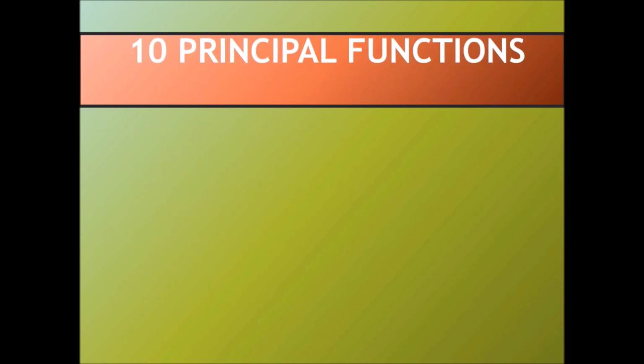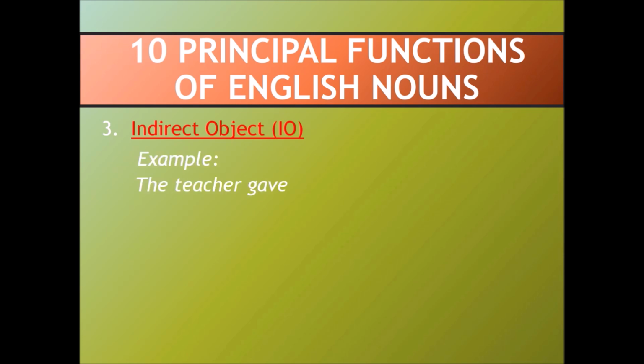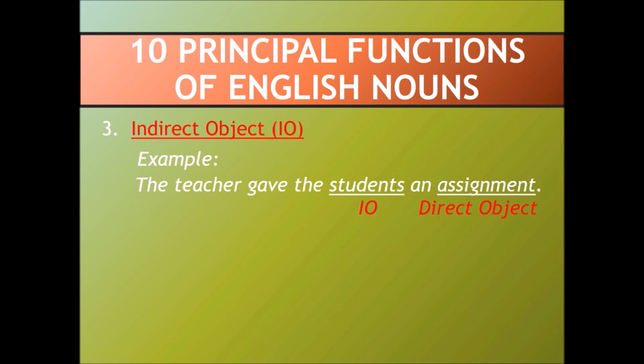The third principal function of the English noun is as indirect object or IO. Example, the teacher gave the students an assignment, wherein the indirect object there is the students and the direct object is assignment.